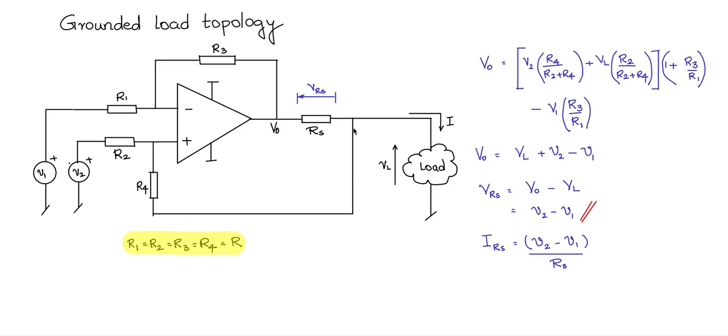So it can branch off this side and it can branch to the load side. But let us say that I want to make this current 0. How do I make it 0? I will buffer this one. What I just need is the VL voltage value here, so I will buffer it.